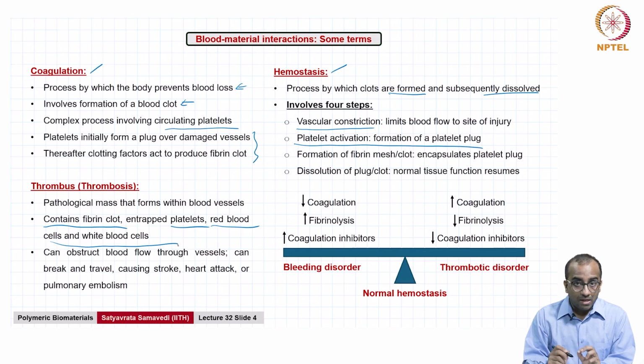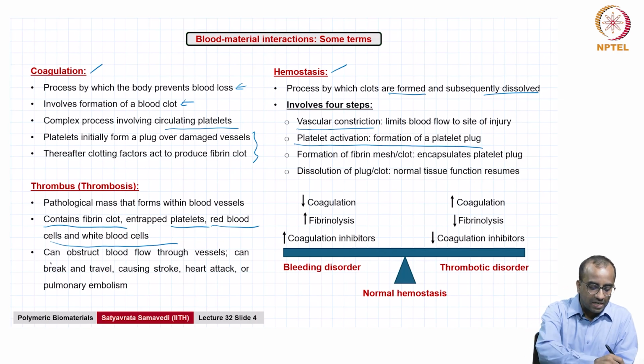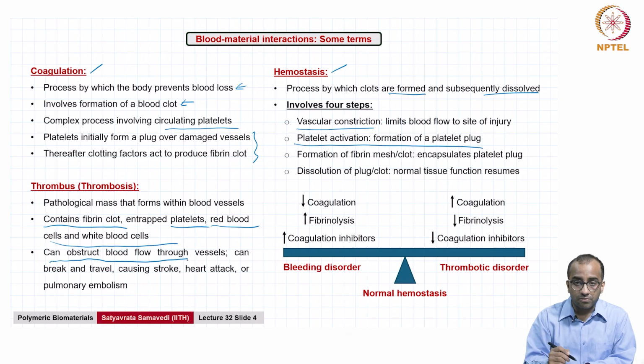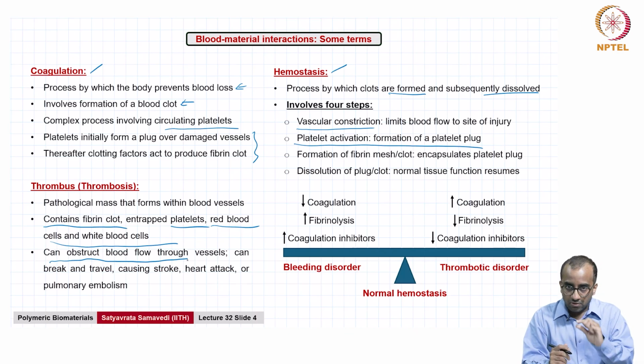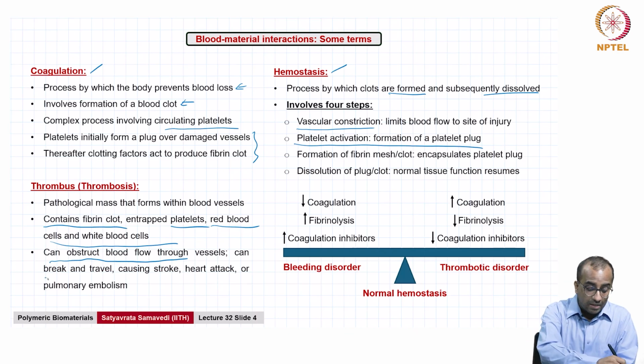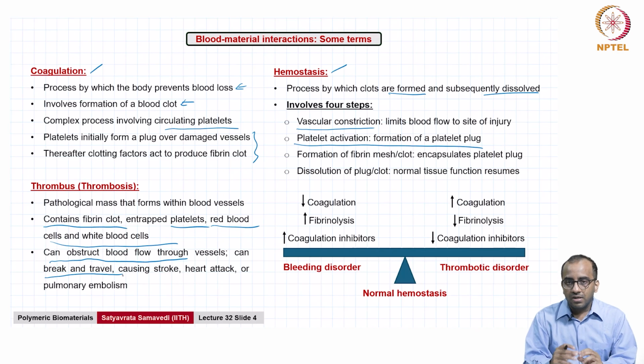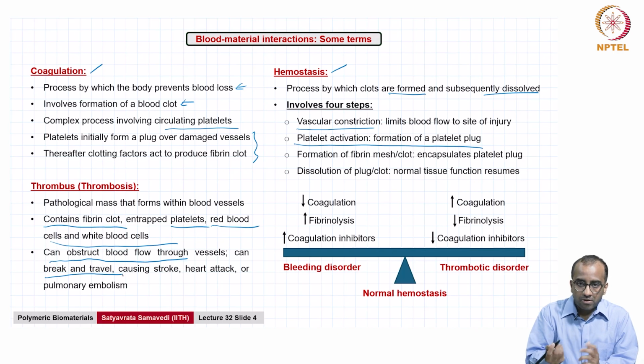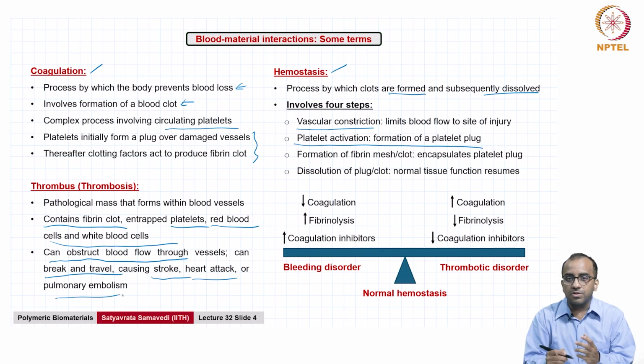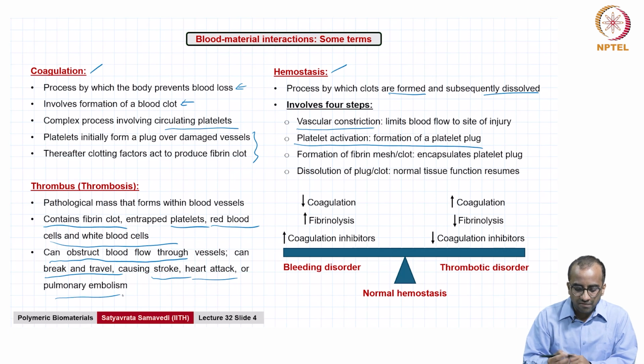It can potentially obstruct blood flow through the vessels, it can occlude the vessels, and more dangerously over time these clots can break off and travel to other regions of the body, and depending on where they go, they can cause stroke, heart attacks or even pulmonary embolism. Now, these can have life-threatening consequences.